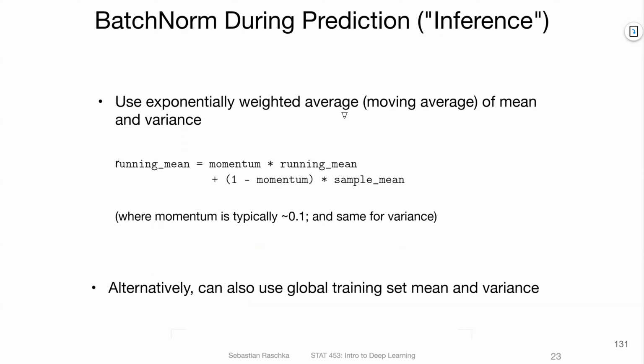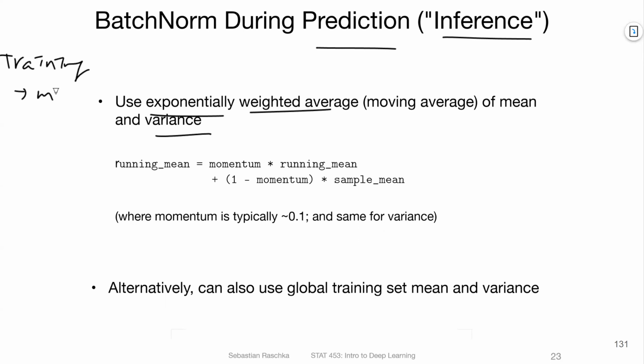And in batch norm during inference, we use an exponentially weighted average of mean and variance. Because at training, you can calculate mean and variance from the batch.